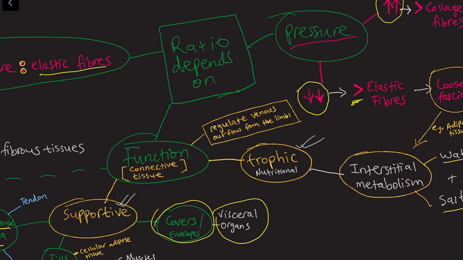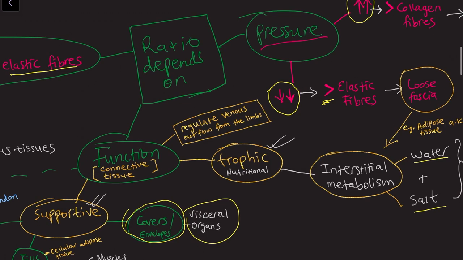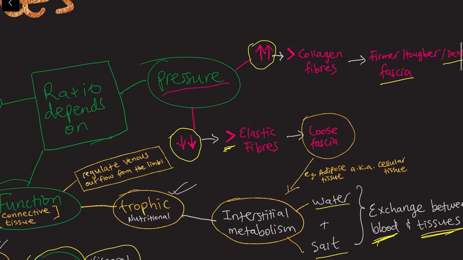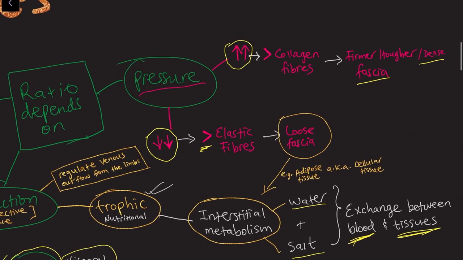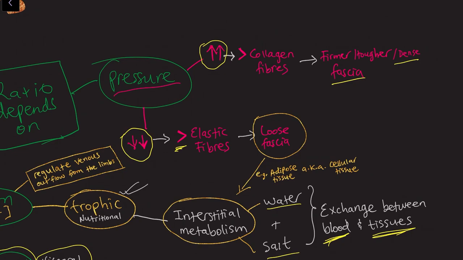The pressure exerted on the fascia determines the ratio of elastin to collagen. The more pressure exerted on the organ, the more collagen fibers you have, and the more collagen fibers you have, the denser the fascia.